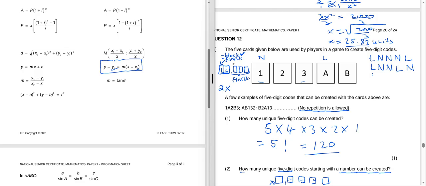That block we can treat as one thing, and also we have 3 other flexible items. So how many flexible things do we have altogether? It is 4 of them, and those can be arranged in 4 factorial ways. So that will be 2 times 4 factorial. That is how many ways the letters can be together.